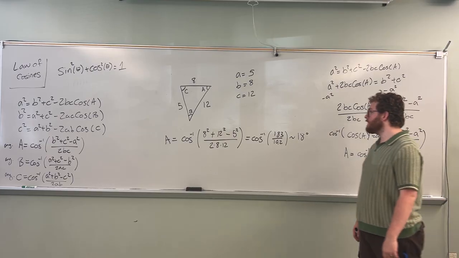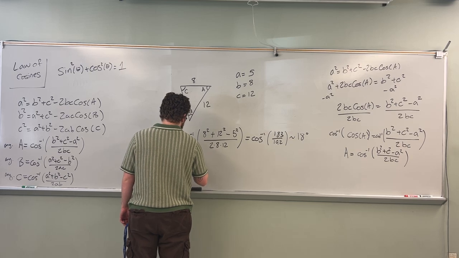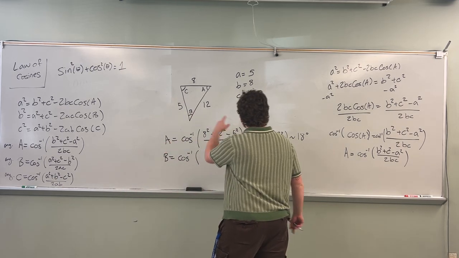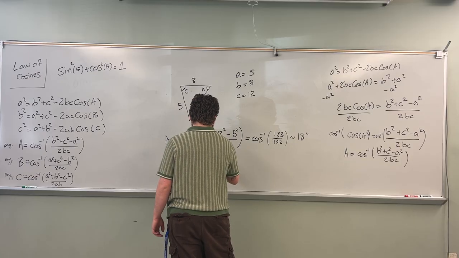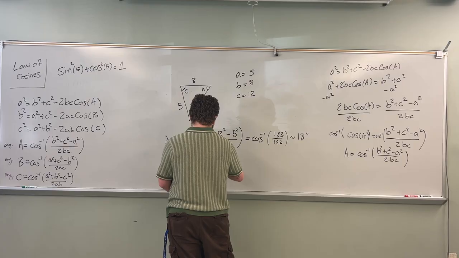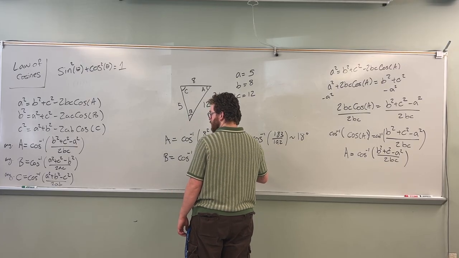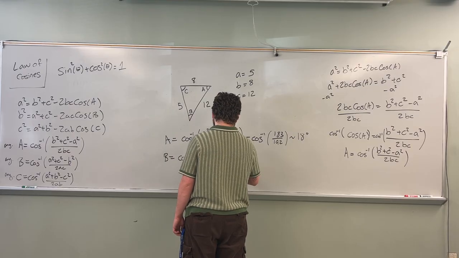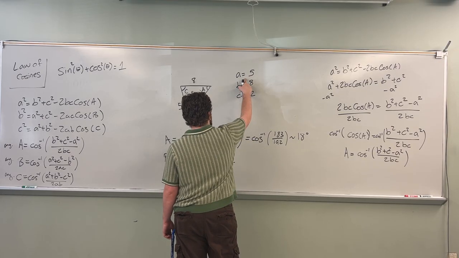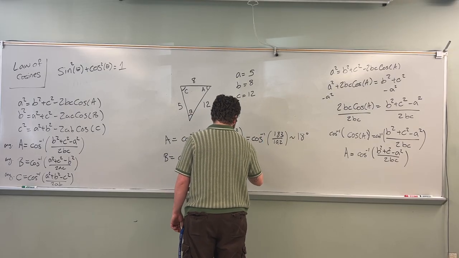I can then do B the same way. B is now equal to the inverse cosine of, well, my formula says I take a squared, 5 squared, plus c squared, 12 squared, that looks like 52, minus b squared, which is 8 squared, over 2 times a, 5, times c, 12.